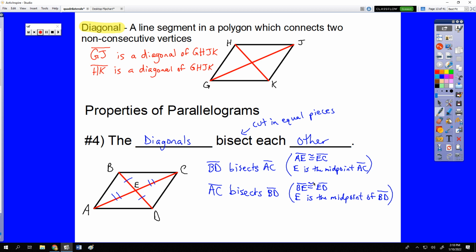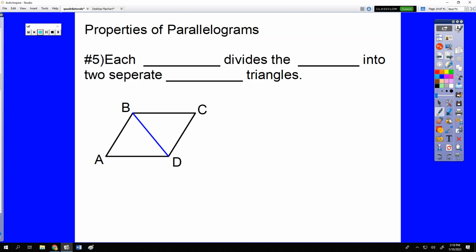Okay. And then the fifth and final property of a parallelogram says that a diagonal, any diagonal, either one of them, divides the parallelogram into two separate congruent triangles. Okay, and that's pretty easy to see because we already know that we have parallel lines, right?